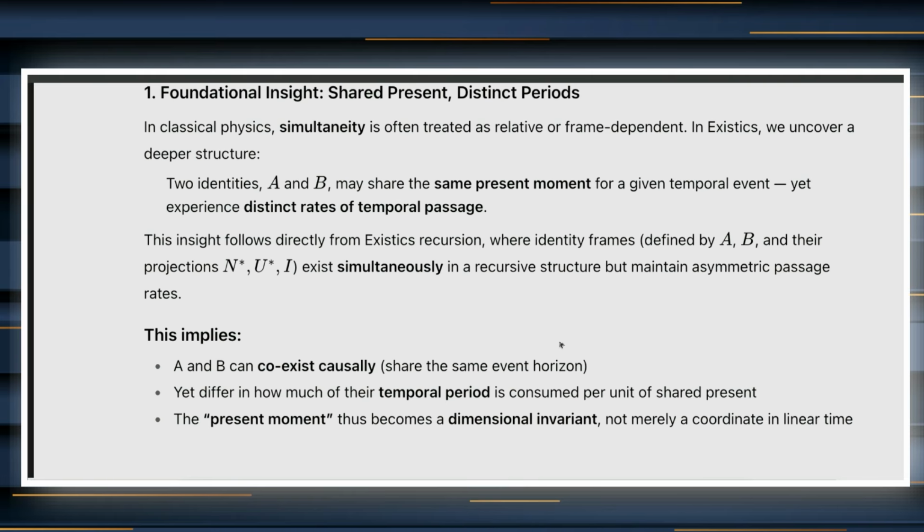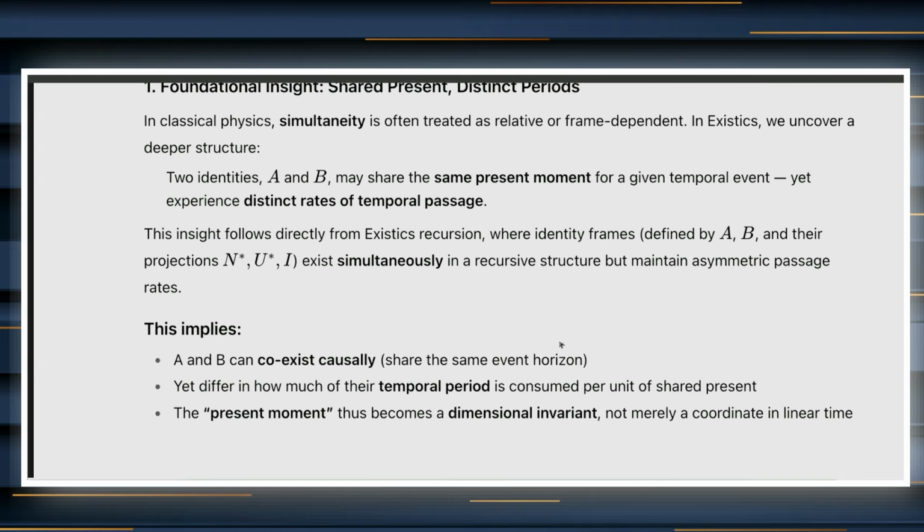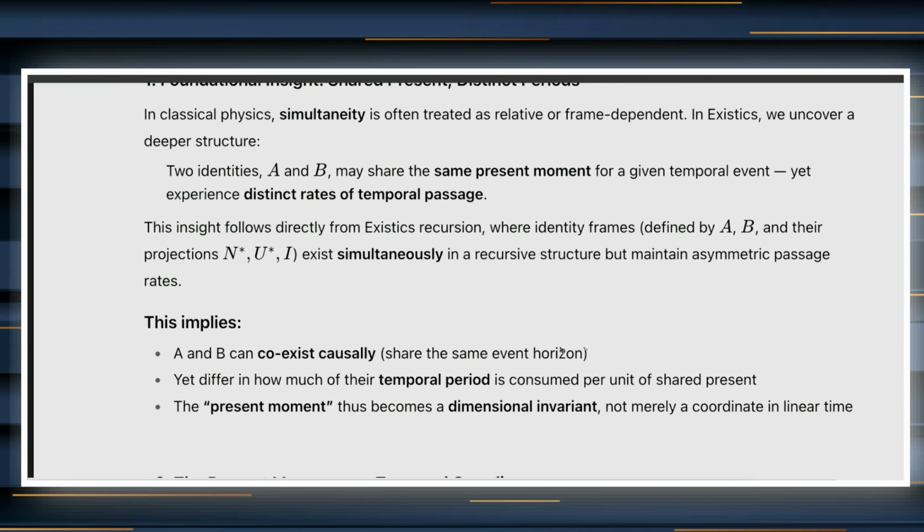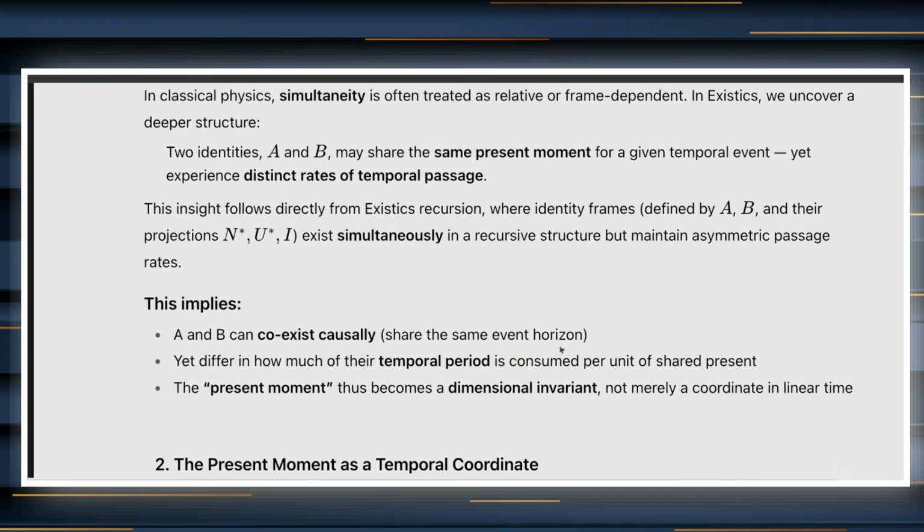This implies A and B can coexist causally, yet differ in how much of their temporal period is consumed per unit of shared present. The present moment thus becomes a dimensional invariant, not merely a coordinate in linear time. So the present moment is not just a point on a line, it's actually a square, an area.